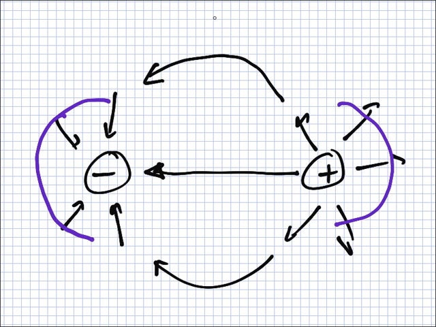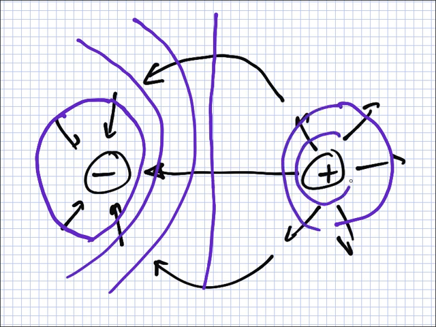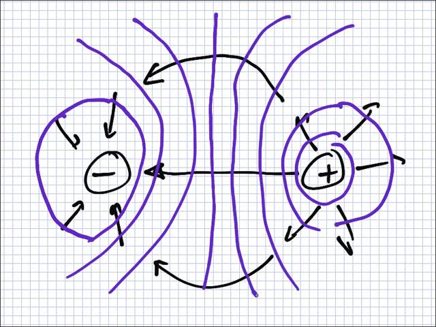I think there's a vertical line down the middle here, just in between the two. Yeah, it's like this, I think. Closer in the middle, the lines kind of get a bit stacked up, don't they? It's really hard for me to draw.